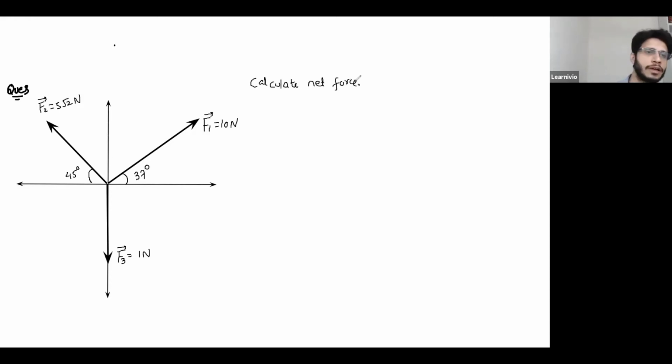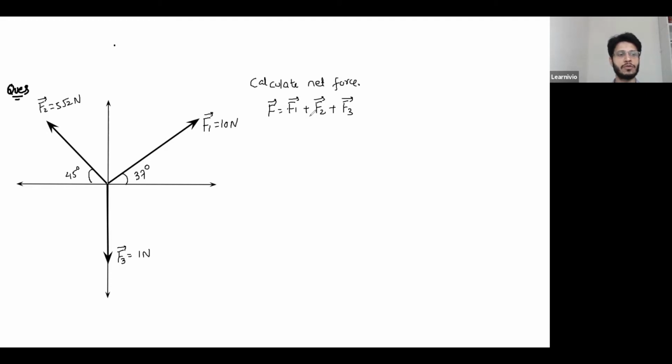Okay, so to calculate net force, you just have to add these three vectors. So the net force F will be the vector sum of F1, F2, and F3.